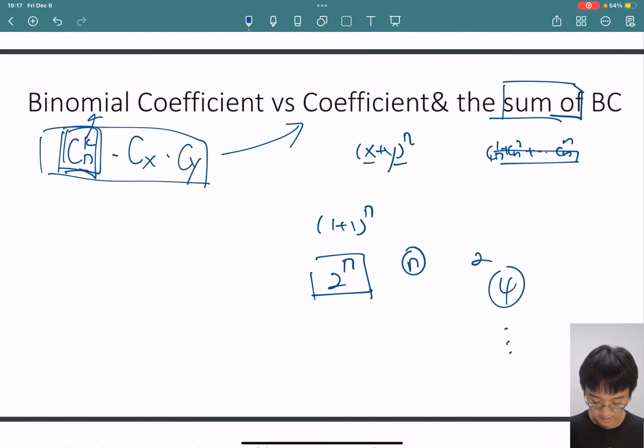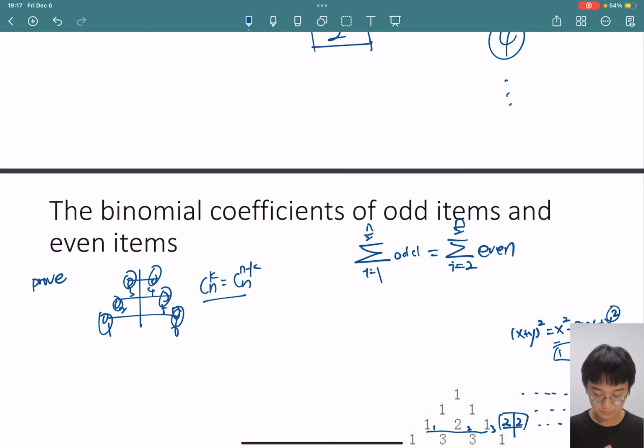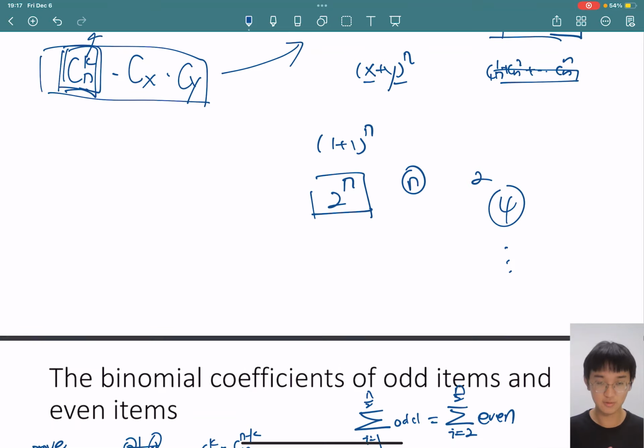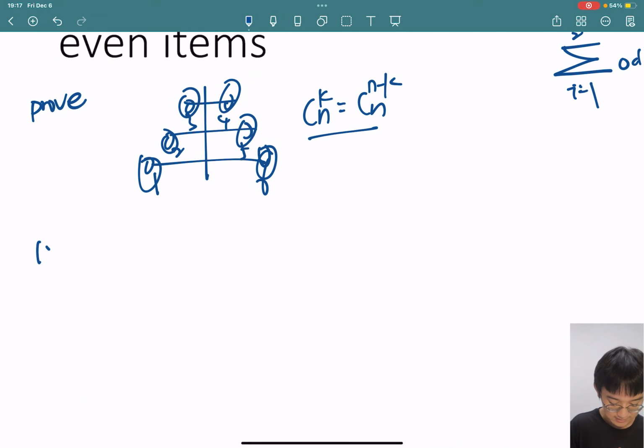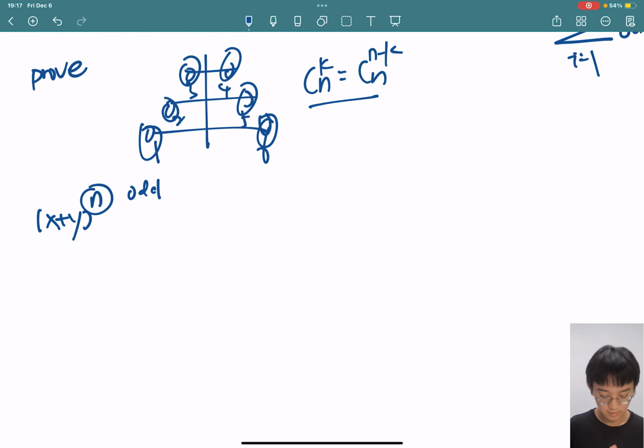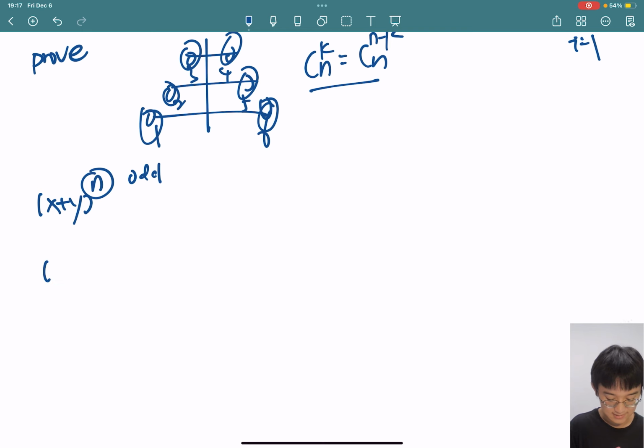I let x and y equal to 1 to compute the sum of binomial coefficients. We can also let x and y equal something else to prove this. So (x + y) to the power of n, where n is an odd number. We let x be 1 and y be minus 1, to the power of n.